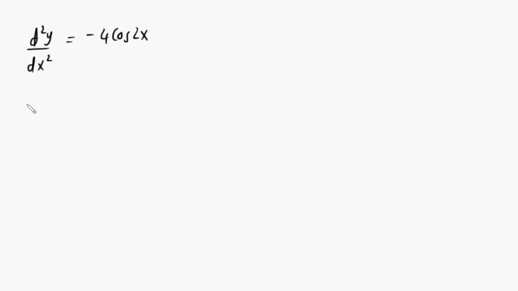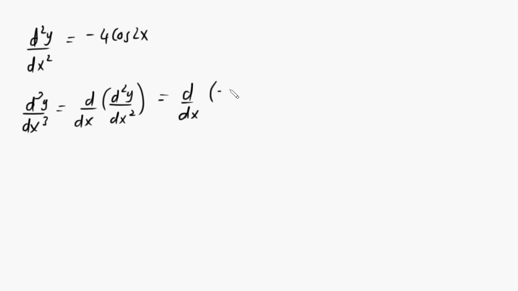I have to differentiate this to get the third derivative. The second derivative is just negative 4 cos of 2x, so I can take out negative 4 because it's a constant, and remain with that function.